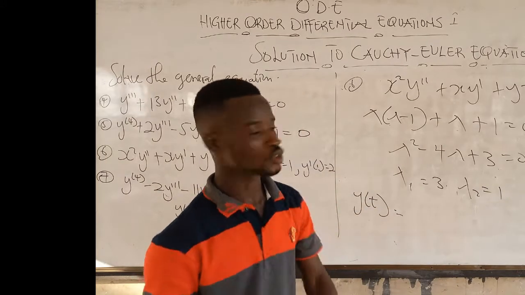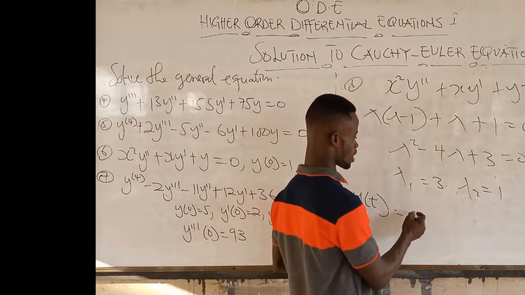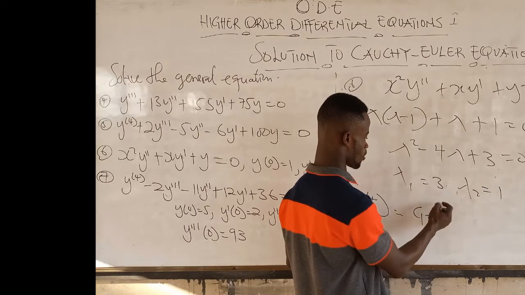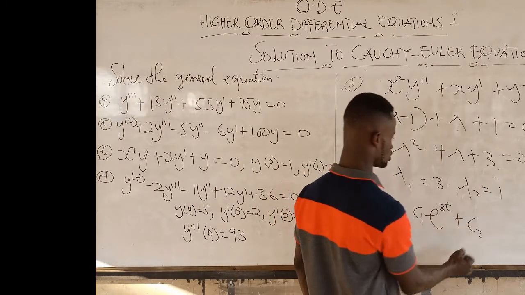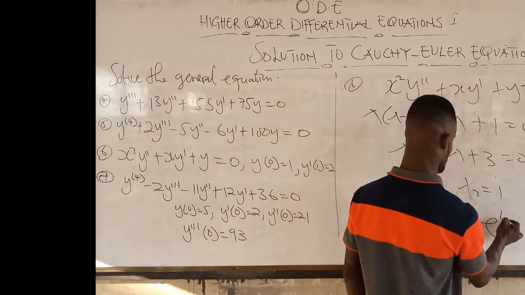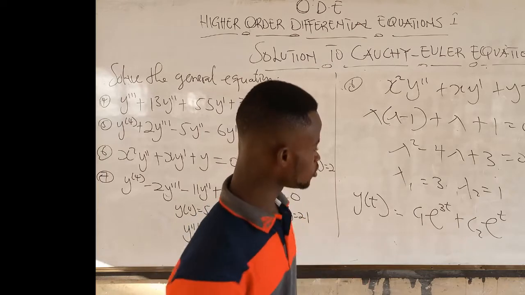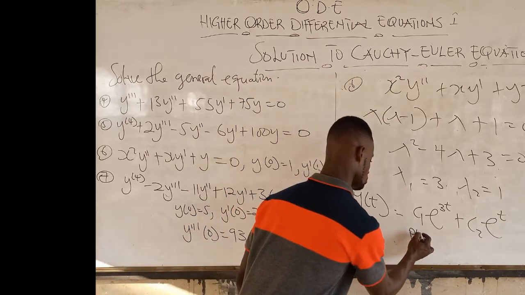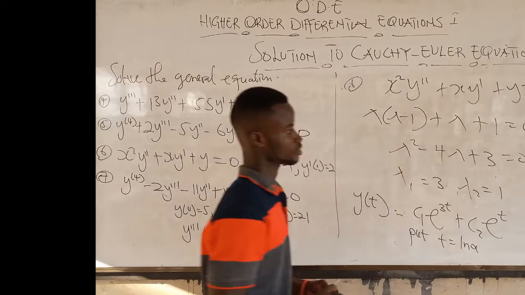It's Cauchy, so it's supposed to be in terms of t. Always don't forget that. And this one is c1 e raised to the power 3t plus c2 e raised to the power t. Okay. Then you put t to be equal to the s.